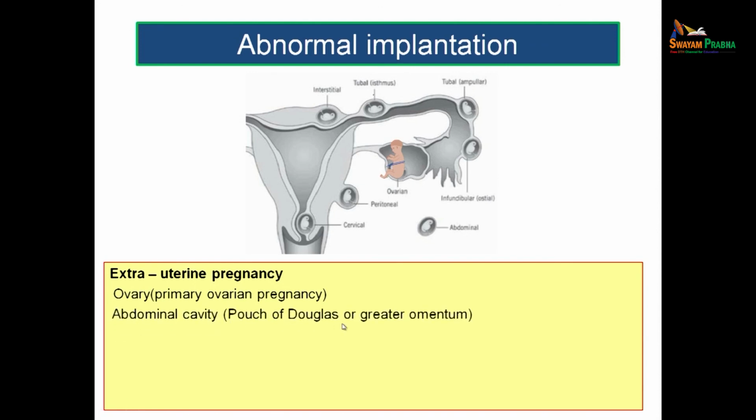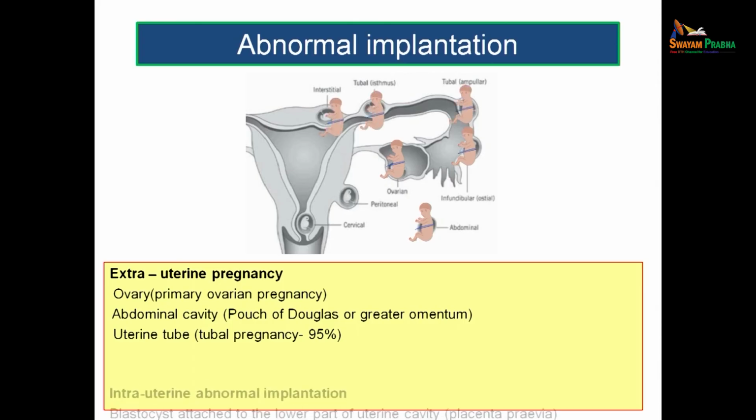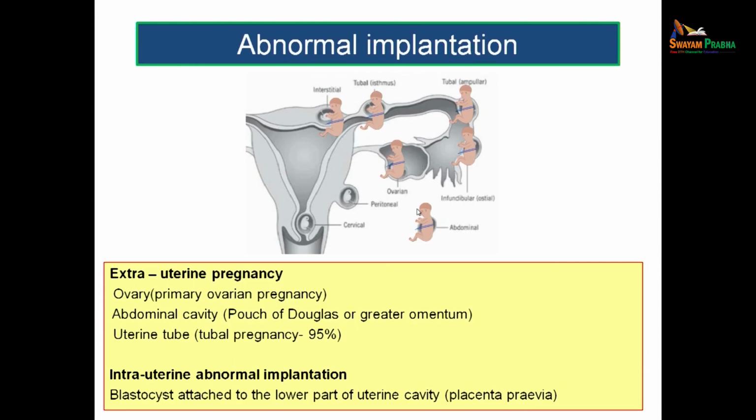It can be the abdominal cavity like the pouch of Douglas, the greater omentum, or it can be in the uterine tube, the tubal pregnancy, and it is accounting to about 95% of the ectopic pregnancies. Now, all these are options of extrauterine pregnancy.